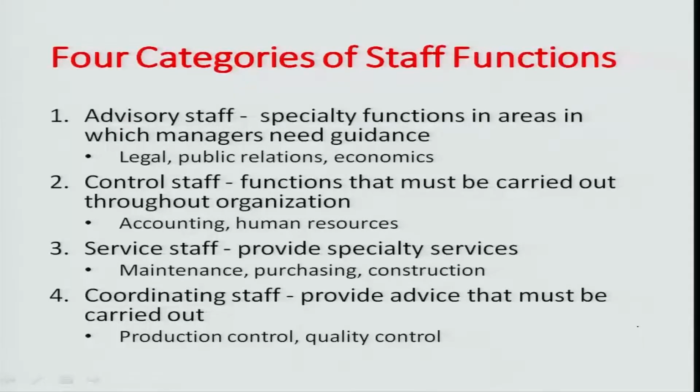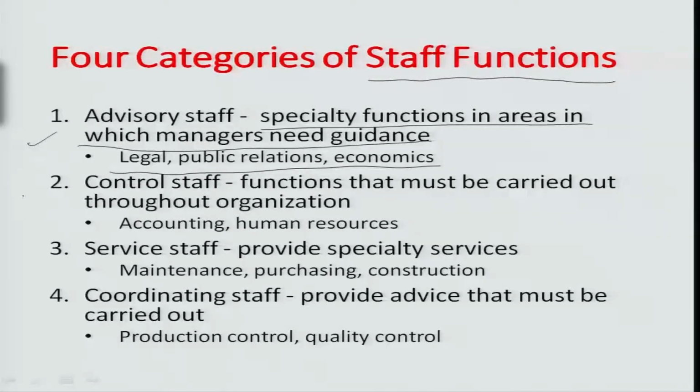So, when we talk about staff functions, there is a very nice description of the different categories in which staff functions can be performed. There could be an advisory set of staff with specialty functions in the areas in which managers need guidance, for example, legal, public relations, economics.